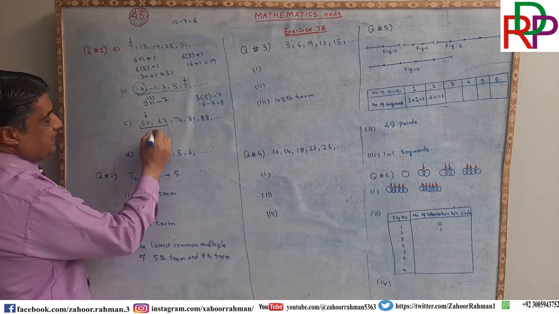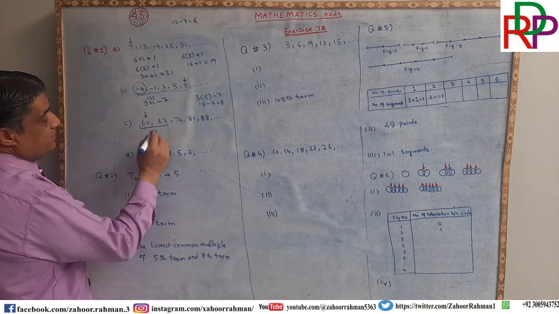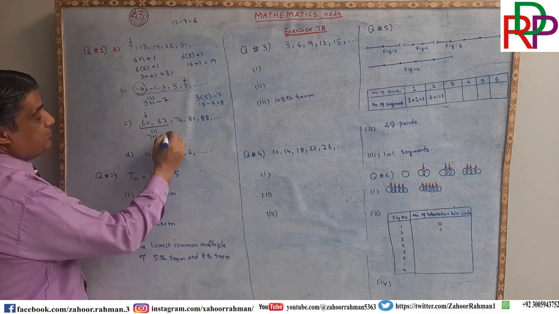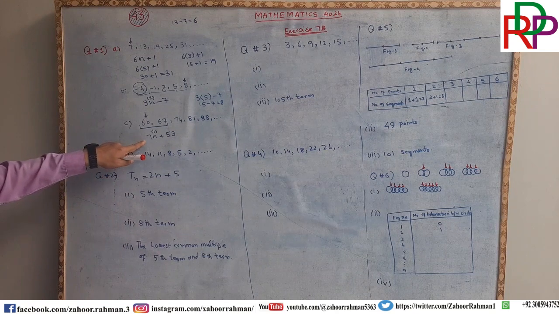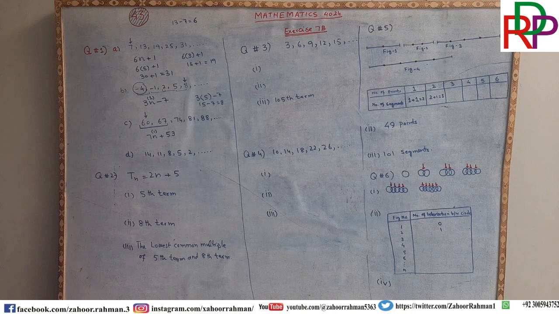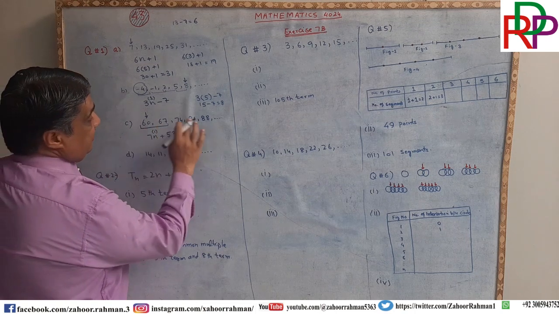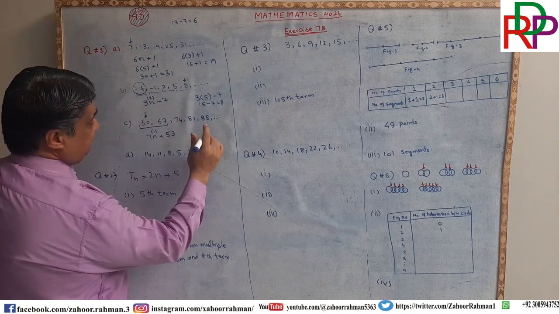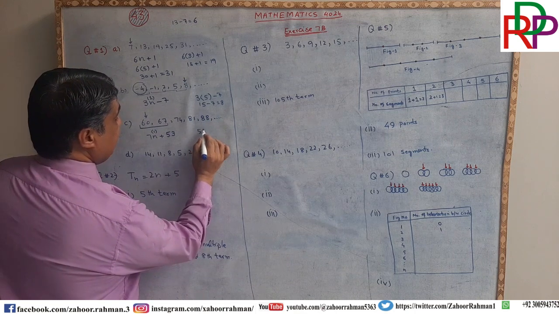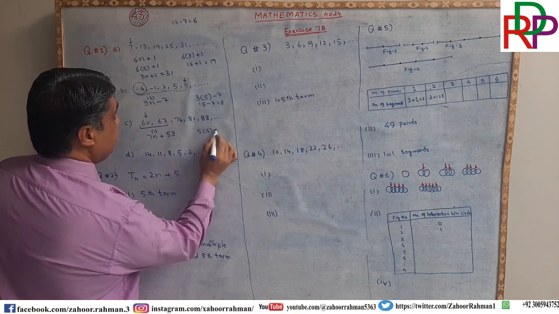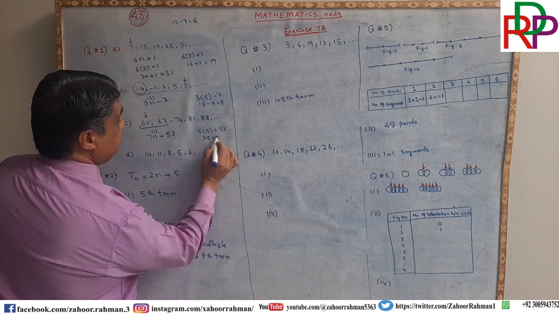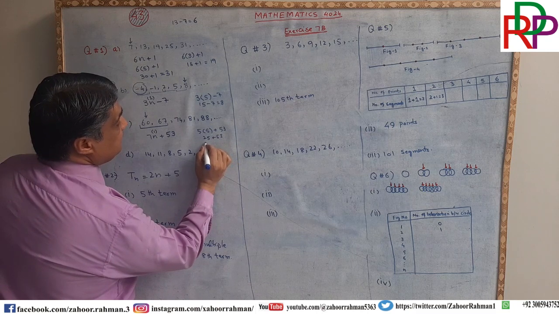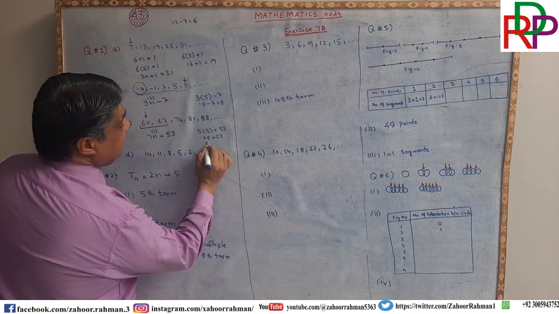For simplicity, we are putting 1. So 7 ones are 7 and we want to get 60. So it means that you have to add 53 with the 7 and that will be the first term. Now if we want to find this fifth term, 7 into 5 plus 53, 35 plus 53 will give you 88.